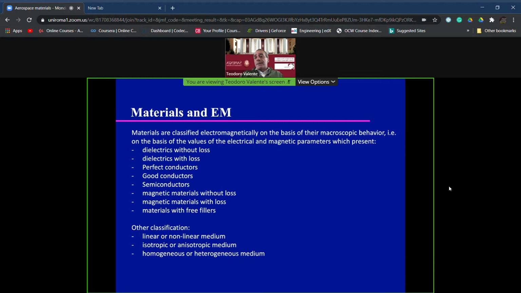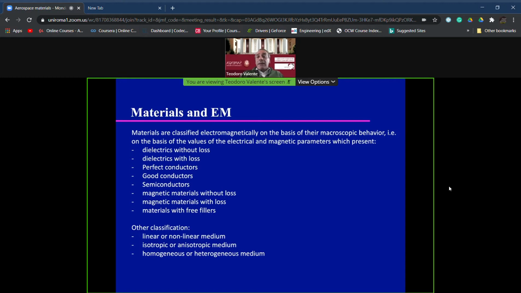Even though now we are talking about different topics, as happens when we discuss macroscopic mechanical properties of materials, we can have linear or nonlinear media, that means materials which respond linearly or non-linearly.